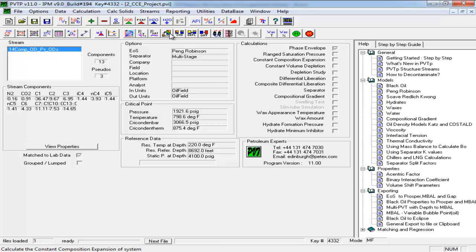So now we will try to simulate the CCE experiment. As I already said, for equation of state, when you try to simulate any experiment, you will need to go through these. So we need to simulate CCE, which is this one here.